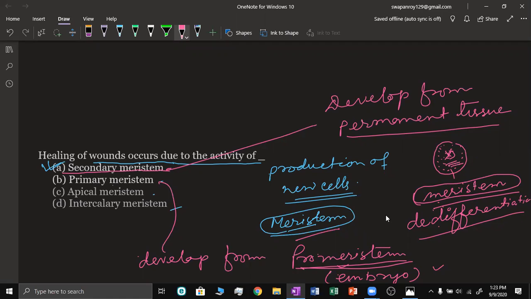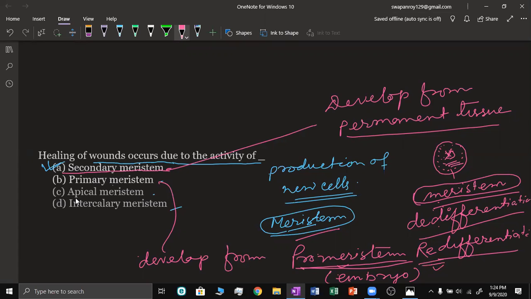So that meristem again changes into permanent tissue. That is called redifferentiation. So there are terms: differentiation, de-differentiation, and redifferentiation.